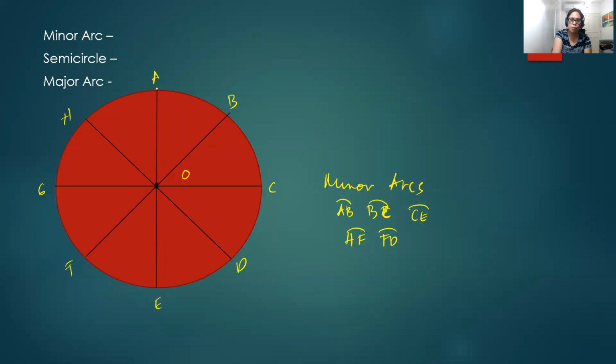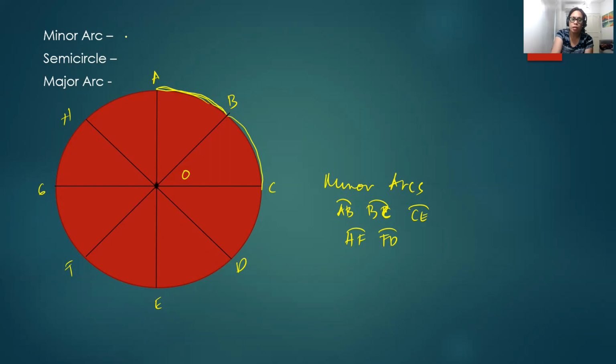So for example, arc AB, guys, is intercepted by angle AOB, which is a central angle that measures less than 180 degrees. Another is arc BC, which is intercepted by angle BOC, a central angle that measures less than 180.